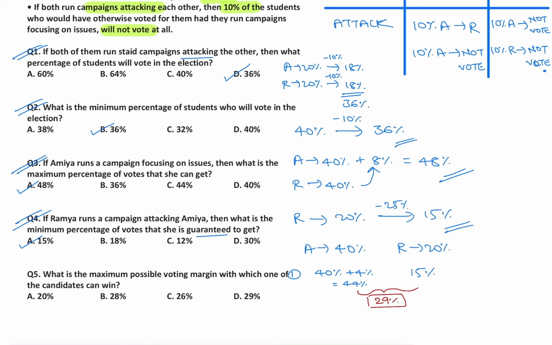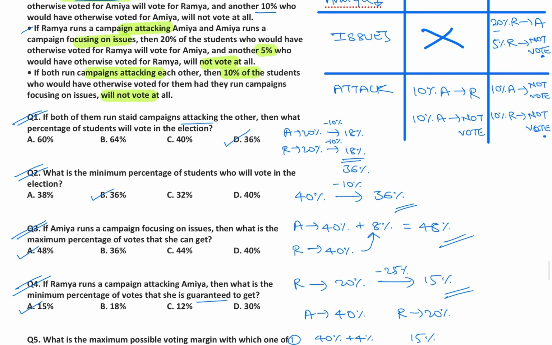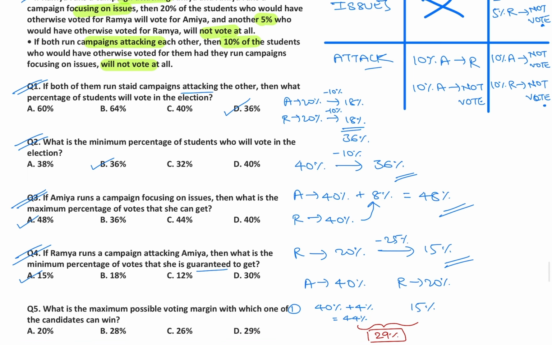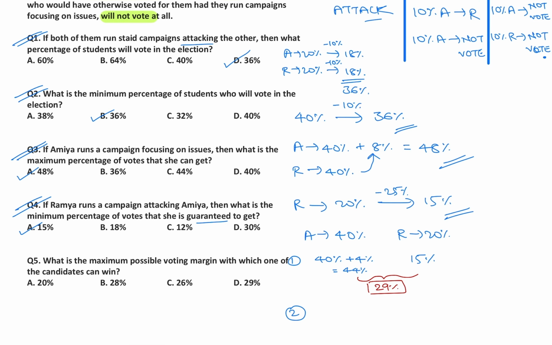Okay, so let's take the second condition, where Amya is attacking and Ramya is focusing on issues. So 10% of Amya will get redirected to A, 10% of Amya will get redirected to R, I'm sorry. So I already have 20% here, 10% of A will come here, this will be plus 4%, and 10% of A will now not vote at all.